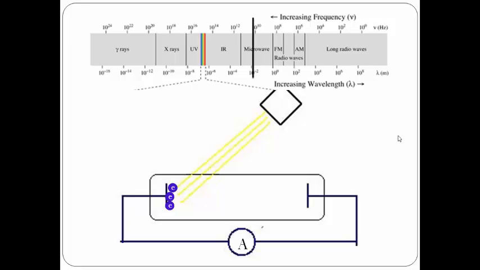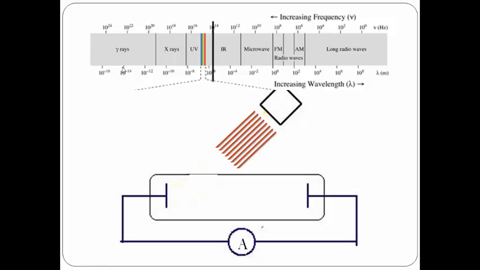So the electrons were taking the energy, but it was not enough for them to leave the surface and create a current. So once a particular frequency was reached, let us say 10 to the power 14 Hz, the current was established in the circuit. Furthermore, when for this particular frequency the intensity of the light was increased, more current was observed.